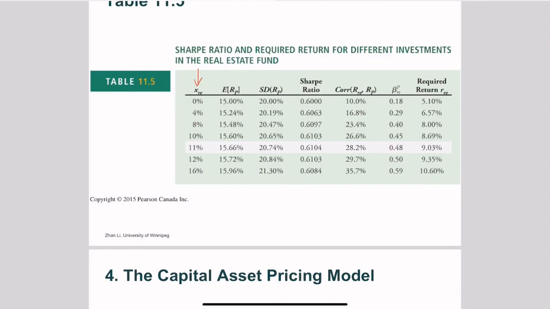It's a combined portfolio because remember, now we are investing money in both the real estate fund and the Omega fund. And after getting the expected return and the standard deviation, we should be able to calculate the Sharpe ratio, right?